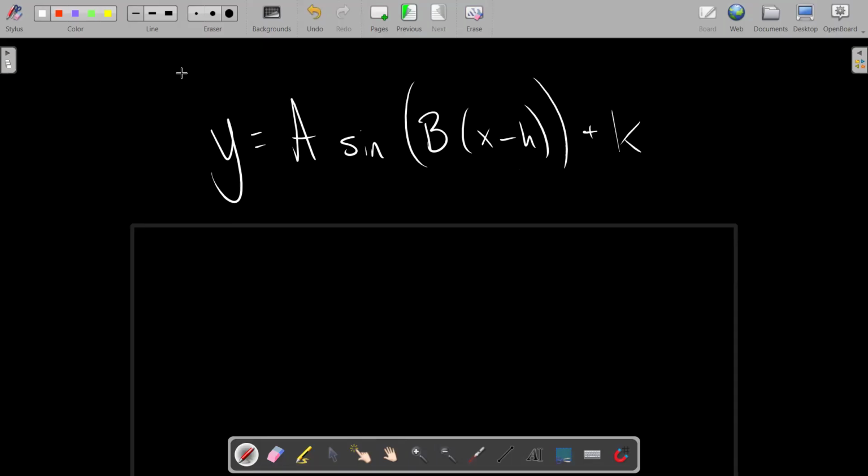So let's run down a list of the things that you're familiar with first. A, you're already familiar with who that is. He's the amplitude. Make sure that you always take the absolute value. And not that you would ever do this, but you don't ever want your A value to be negative. So if for some reason you saw the amplitude as I go down 4, the amplitude's 4, not negative 4, right? Okay.